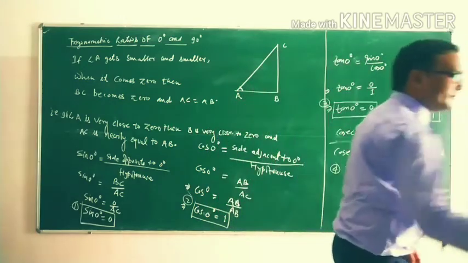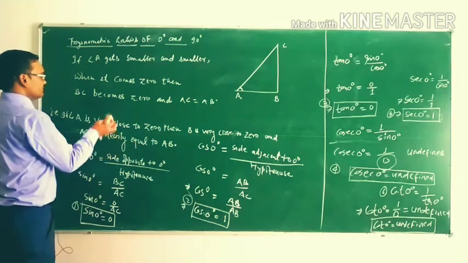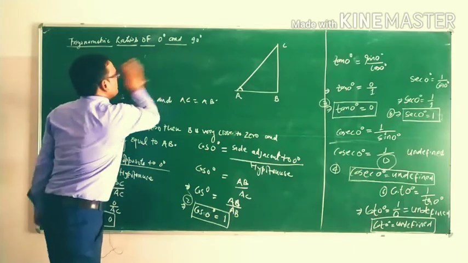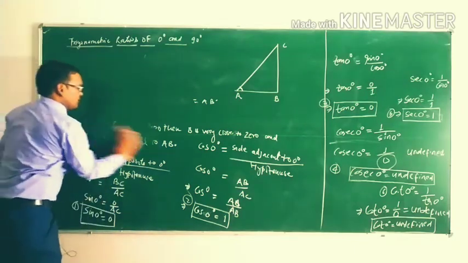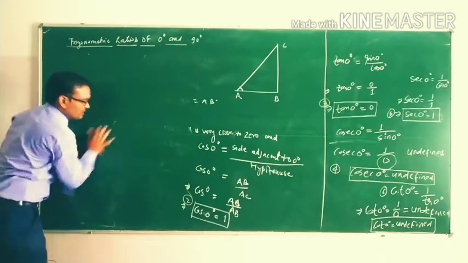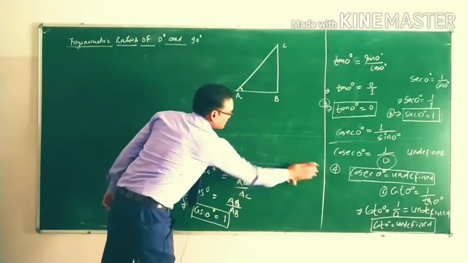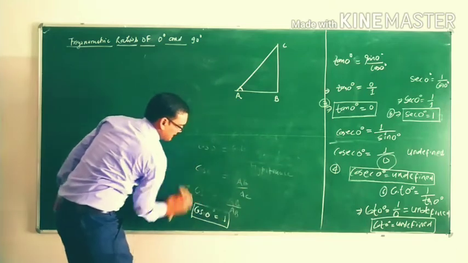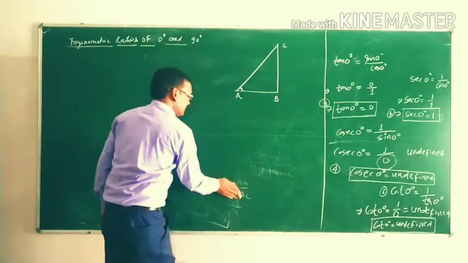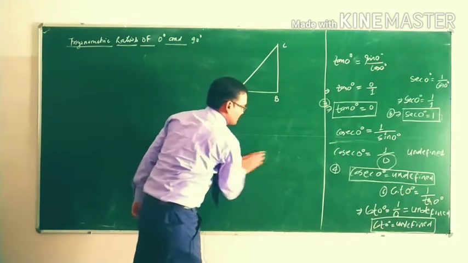Find the value of the trigonometric ratios of 90 degree. Okay, students? Here we find the value of sin 0 is 0, cos 0 is 1, tan 0 is 0, cosec 0 is undefined, sec 0 is 1 and cot 0 is undefined.